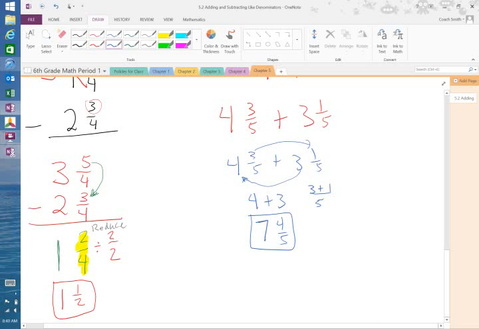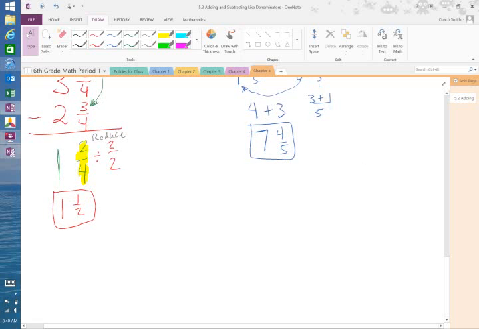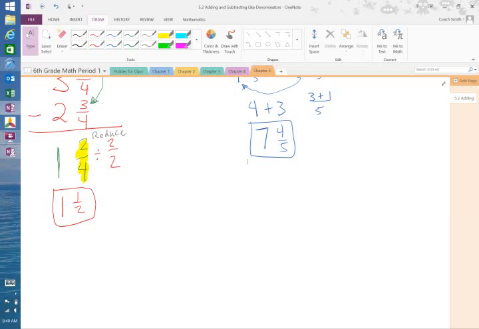Now, let's look at another one that has some borrowing in it again. 7 3/8 minus 1 7/8.